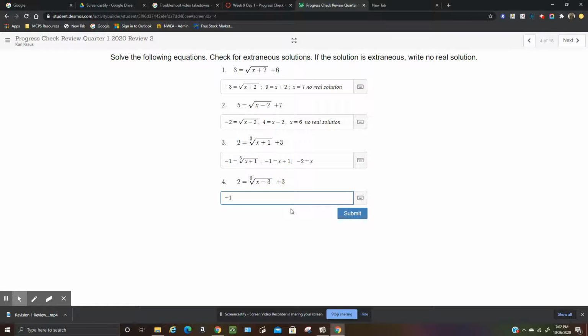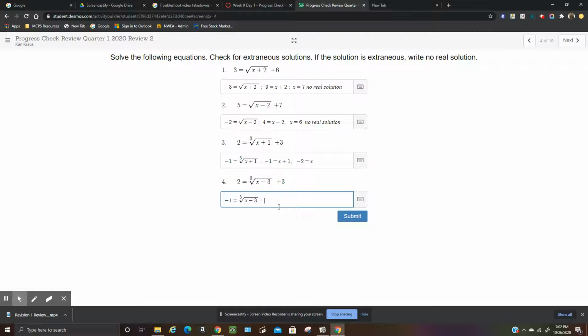And number 4, subtract 3. You have -1 equals cube root of x minus 3. Notice that I picked 2 and 3 there. I should have picked a different number, but this is very similar to number 3.